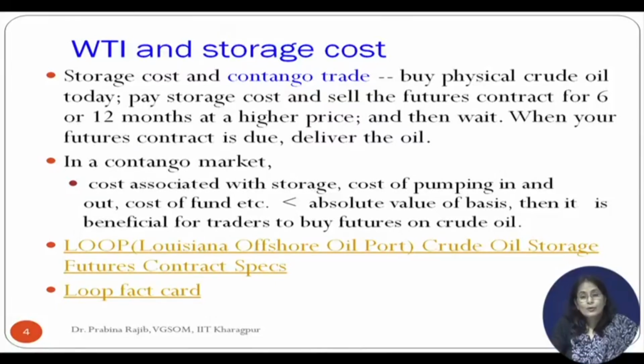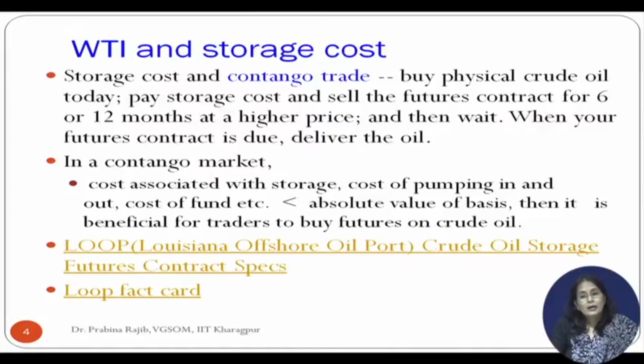So this contango trade is nothing but a cash and carry arbitrage. What exactly are people doing currently? They are buying and selling the crude oil and storing it in storage locations.